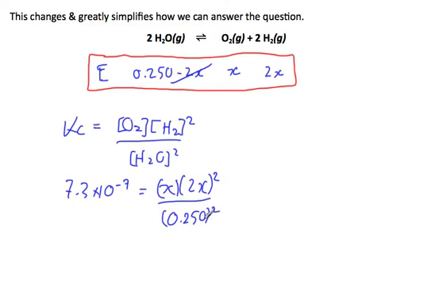And I can solve that just by getting rid of that minus 2x term. I still end up with a cubic term, but I don't have a cubic equation.